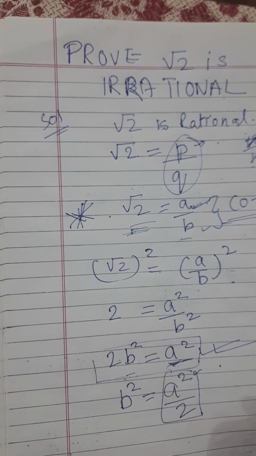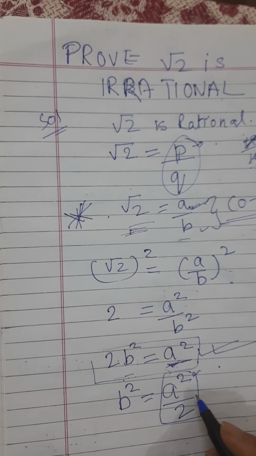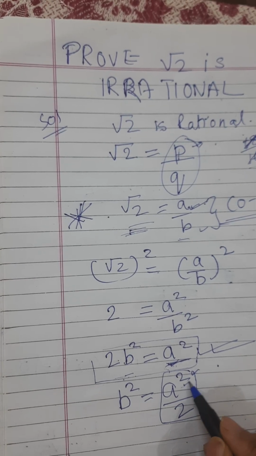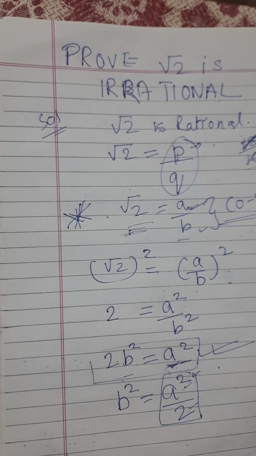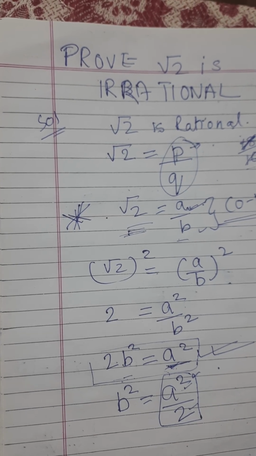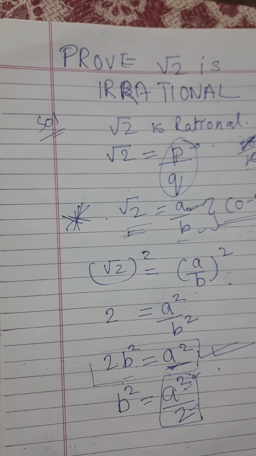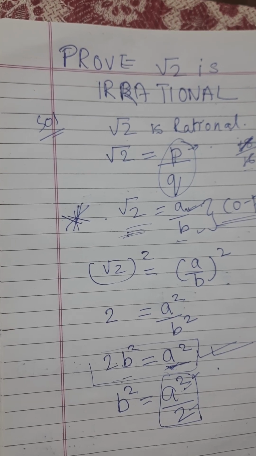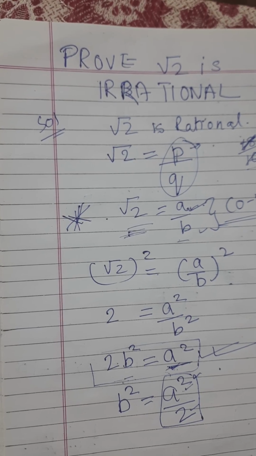Now we know the fundamental theorem of arithmetic, which says if a square is divisible by a number, let's say p, then a is also divisible by p. Okay, so if a number's square is divisible by a certain number, then the number itself is also divisible by that number.